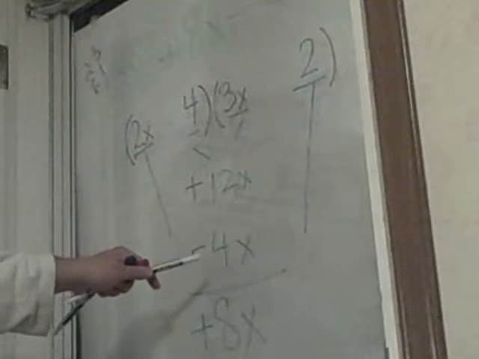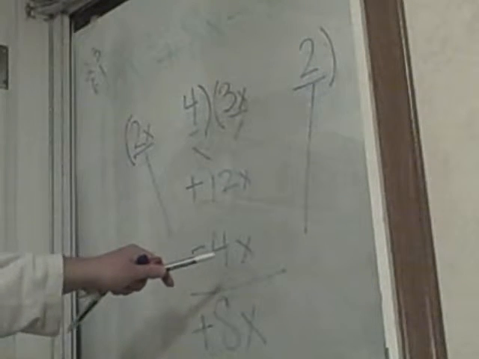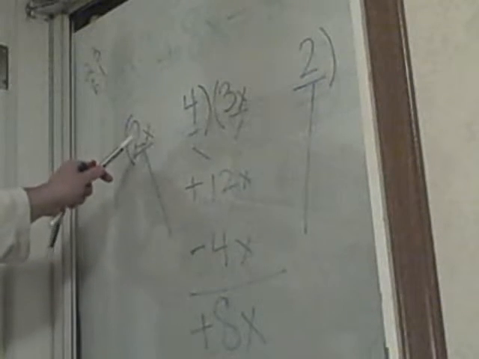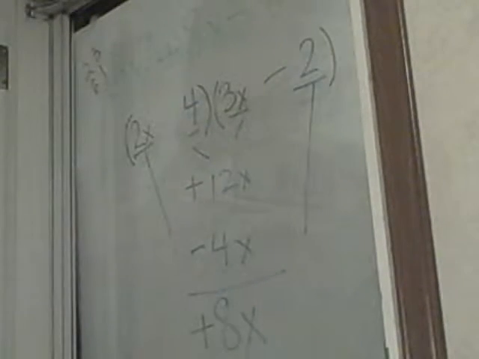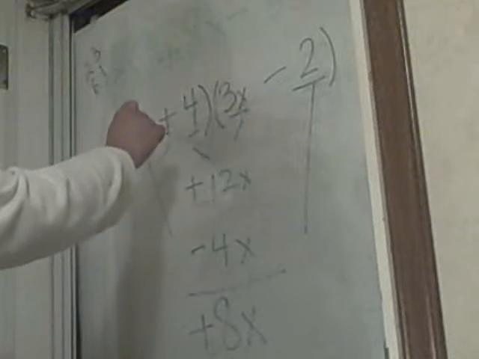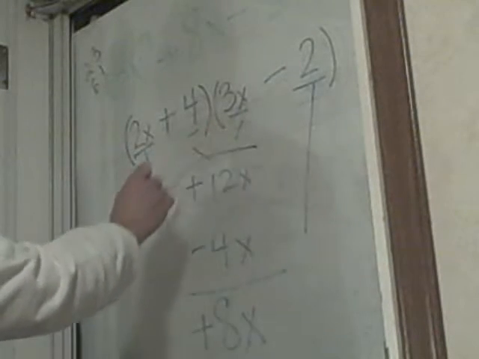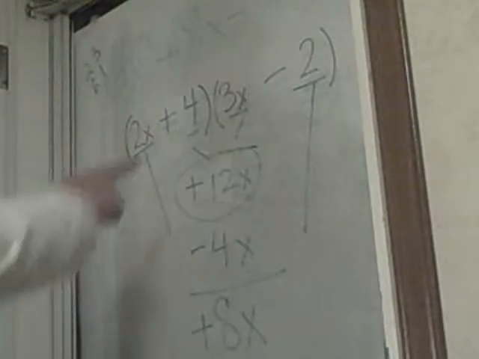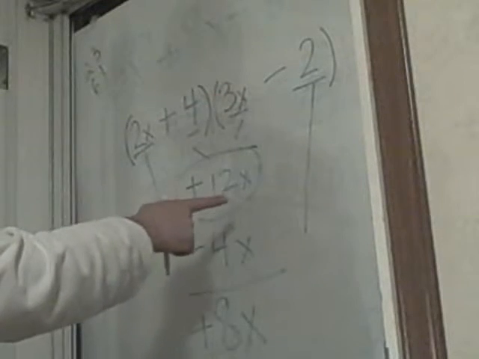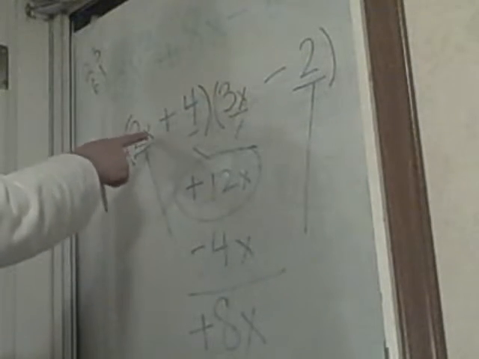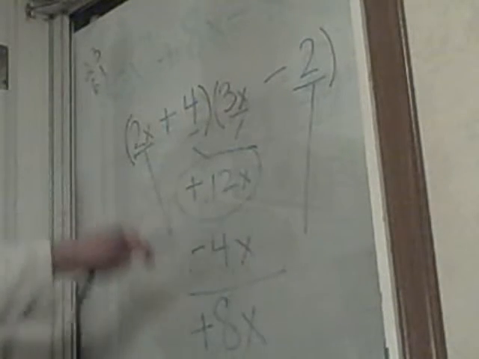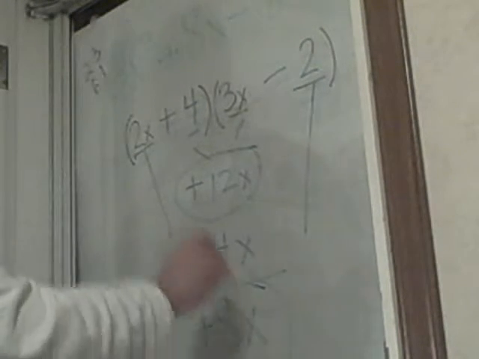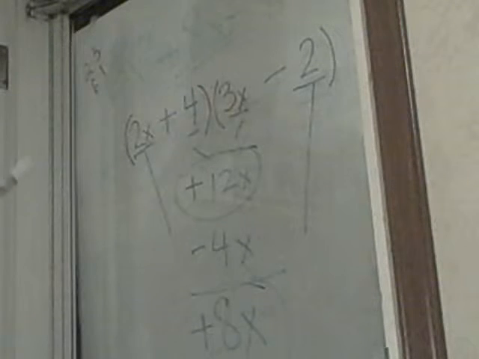If the 4 is negative, this is negative 4x. It was found by saying 2x times x, which means the negative has to go there and the positive has to go there because it's positive 12x. 4 times 3x is 12x, which is positive. 2x times negative 2 is negative 4x. When I combine those two, I get that 8x term that's in the middle.